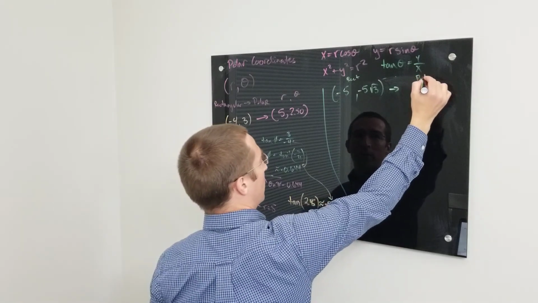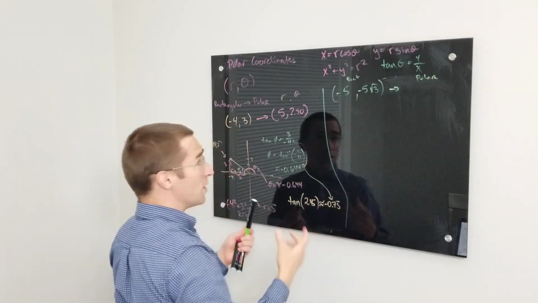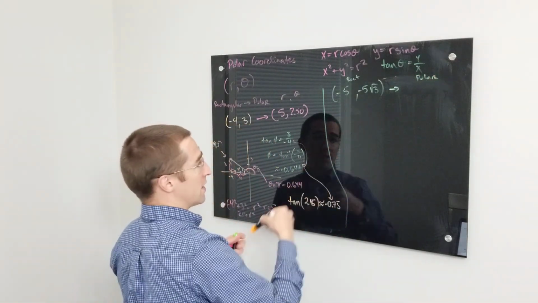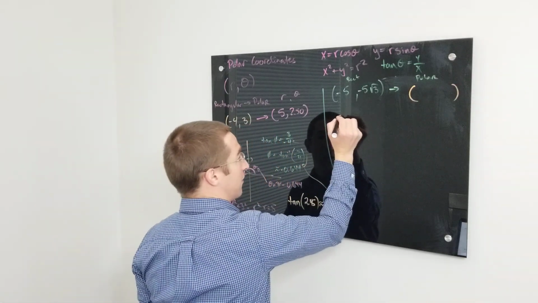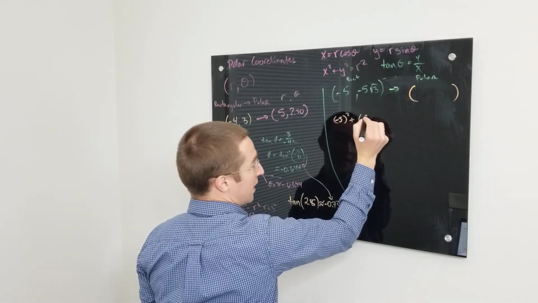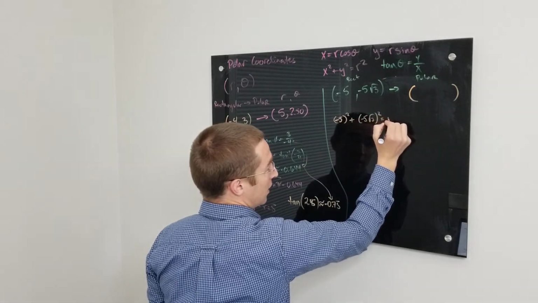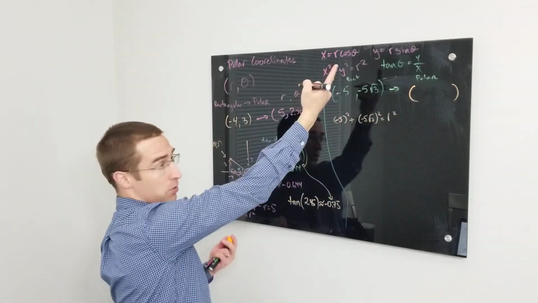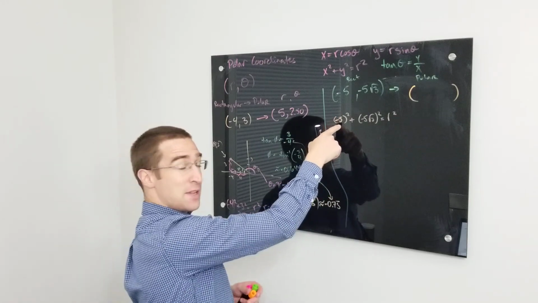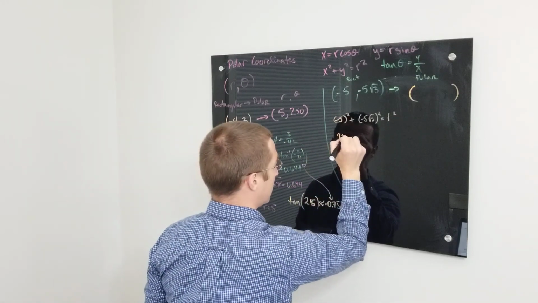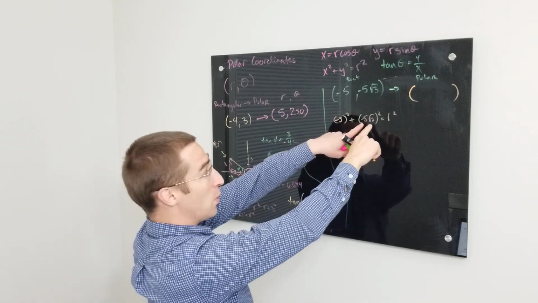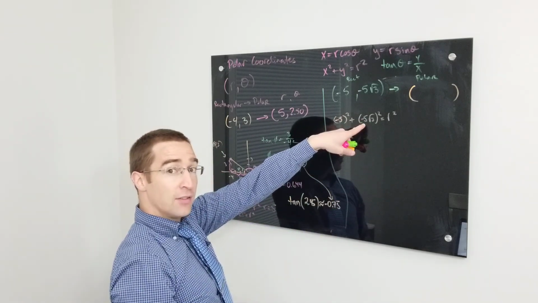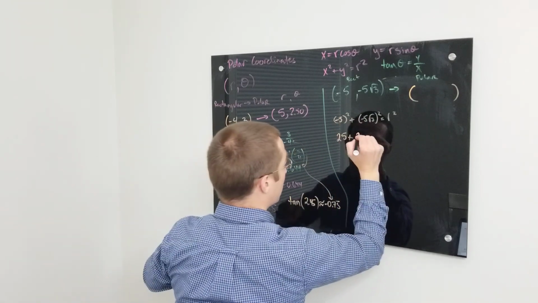So this is rectangular, and we want to go to polar. To find the r value, we're going to say negative 5 squared plus negative 5 root 3 squared equals r squared. Negative 5 squared gives me 25.